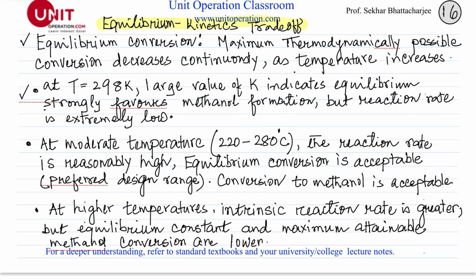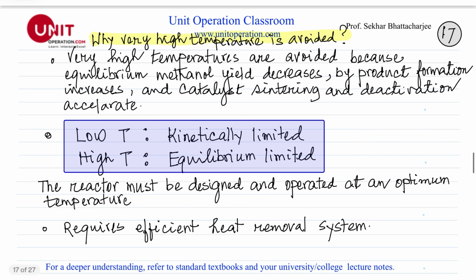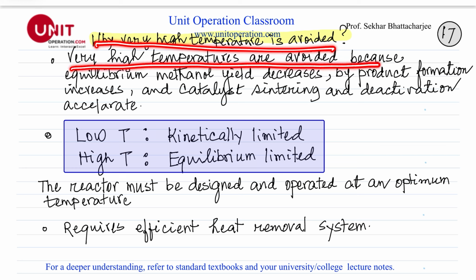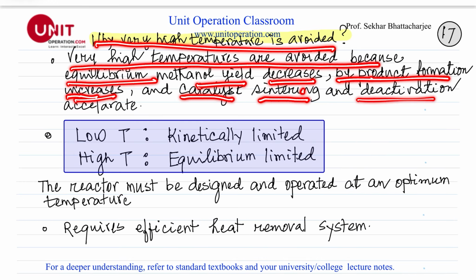Plus, of course, there are limitations on the material of construction of the reactor. Why are high temperatures avoided? Very high temperatures are avoided because equilibrium methanol yield decreases with increasing temperature, byproduct formation increases, and there is catalyst sintering and deactivation.